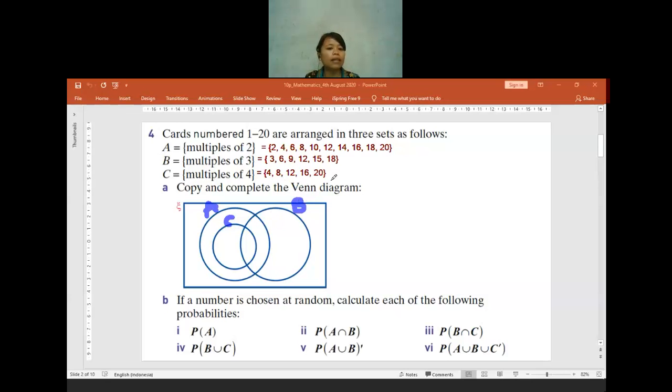When you look at set A and set B, you can see that all the members of C are in set A. So it means set C is inside set A.